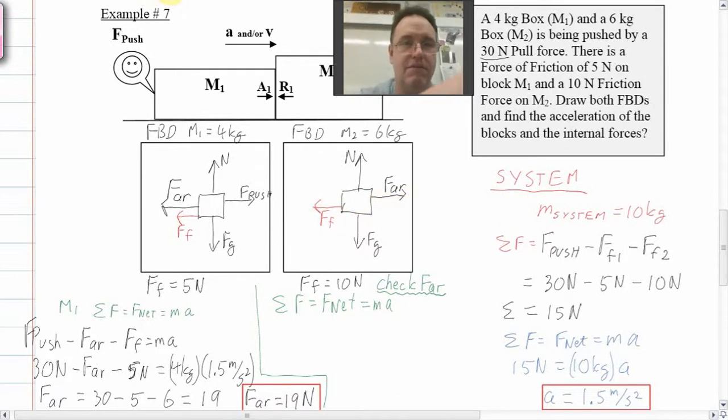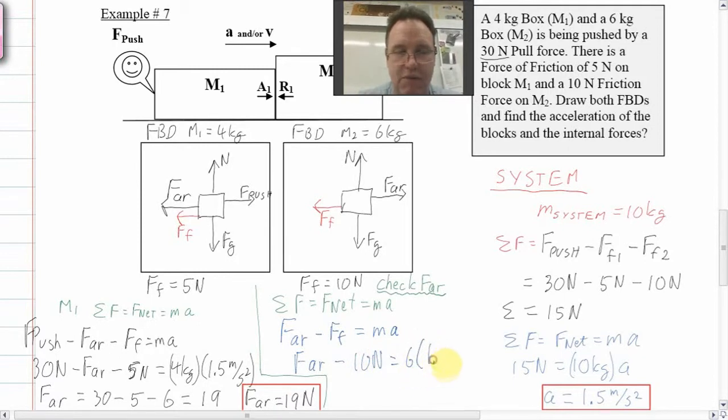So FAR minus the force of friction is equal to MA. And so FAR minus 10 newtons is going to equal 6 times 1.5 meters per second squared.